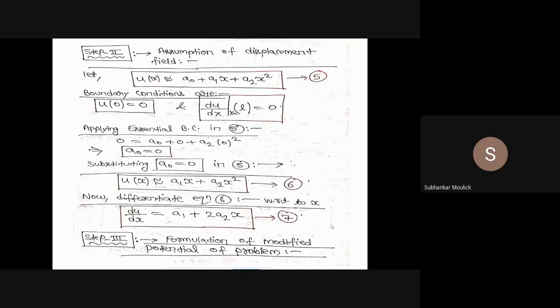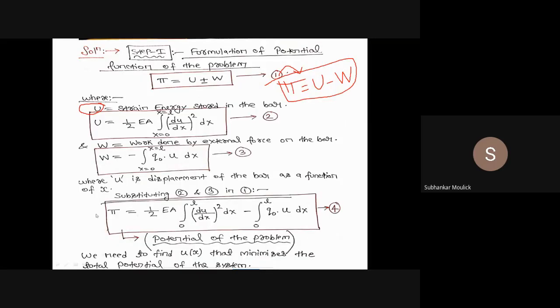Now this value of a naught I will substitute in equation number 5. Then the modified displacement field of the problem becomes u of x, which is near about equal to a1x plus a2x square. Now you can see that the assumed displacement field has two unknown coefficients. Now you have to put this displacement field in the modified potential energy, or the potential function of the problem.